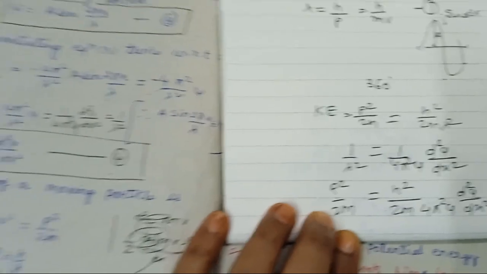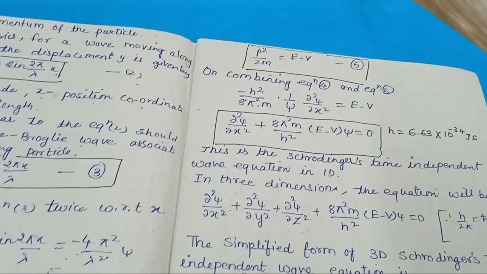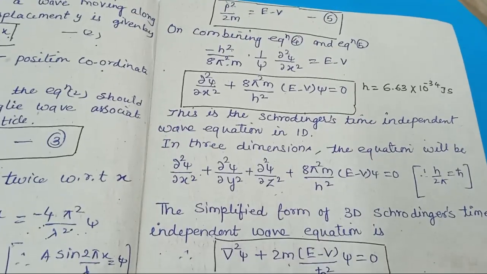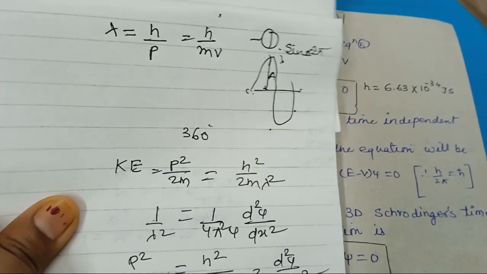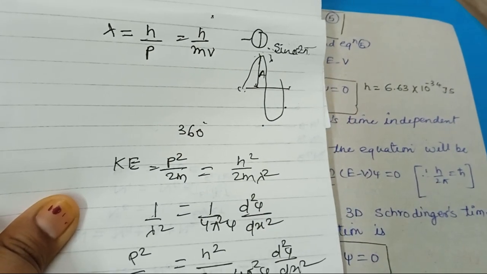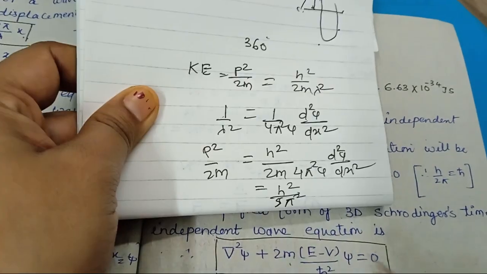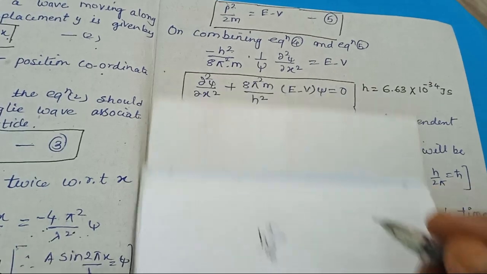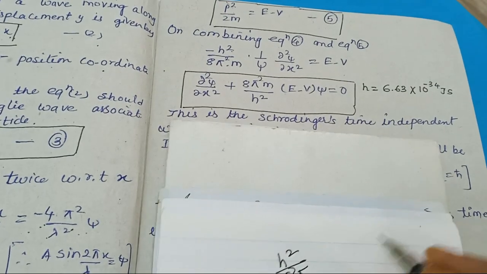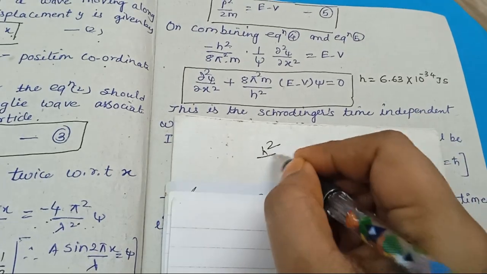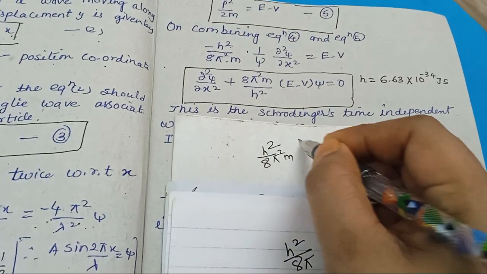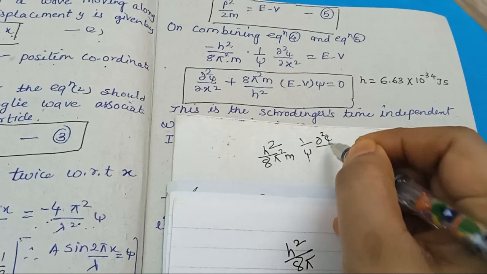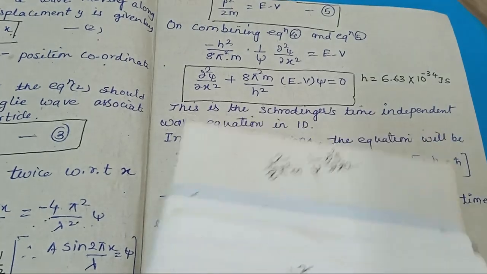Then p square upon 2m equals h square upon 2m into 4 pi square into 1 upon psi d2 psi upon dx square. By putting the value, this becomes h square upon 8 pi square m, into 1 upon psi del 2 psi upon del x square.